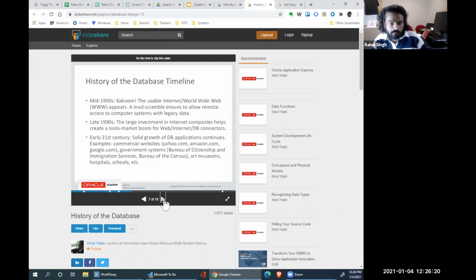MySQL, really in the early 2000s, was one of the most popular, and is still one of the most popular relational databases out there. It's been around for a long time. And there's another open source database called Postgres. It's probably one of the best technologies to move to from Oracle, because it has a lot of similar characteristics.